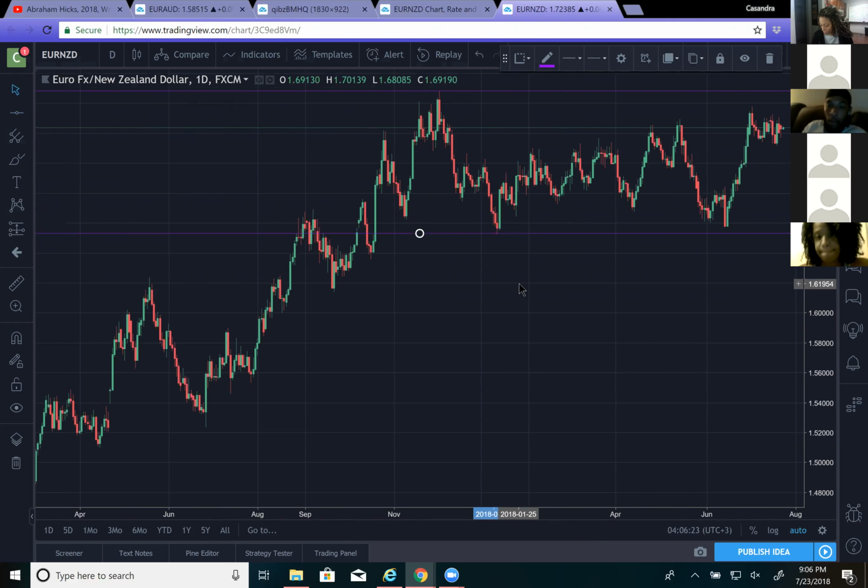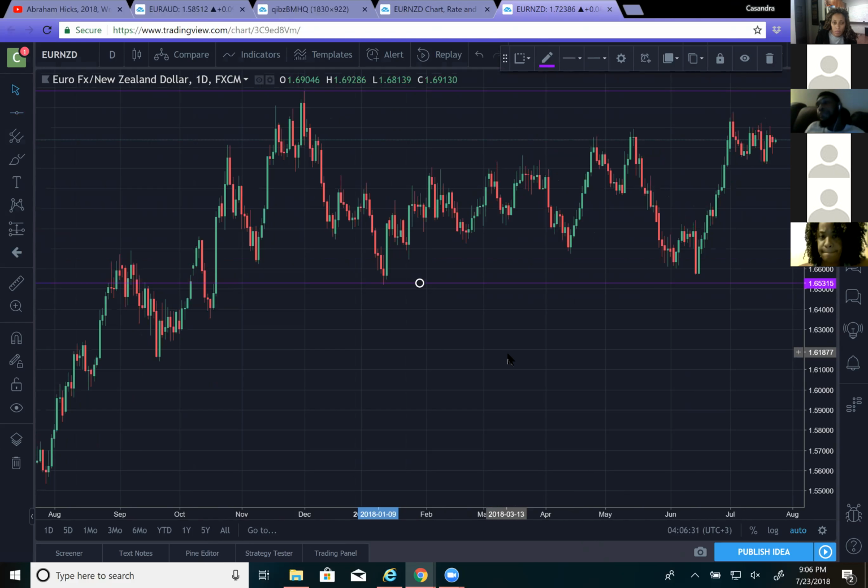So now I need to look for the large candles coming from the top and the bottom. If I'm going from the large candles from the top, I would mark this one. Well, that's not really a big, long candle coming down from the top because the candle right before it is bigger than that.